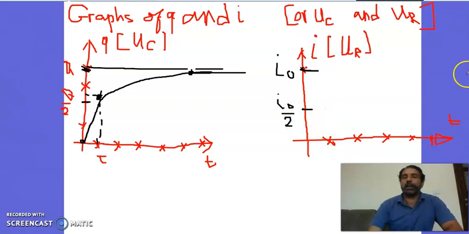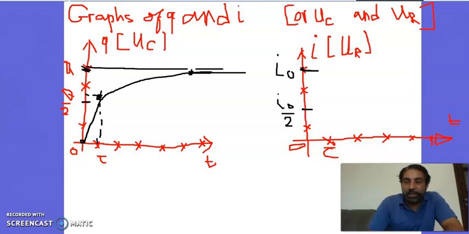Here 25%, and this is 75%. This is also 0. Now at t equal to tau, the current drops by 63%. Means the remaining part is 37%. Where's 37%? Here's 50, here's 25, so this is 37, right? And this is tau. So the curve passes through this point.